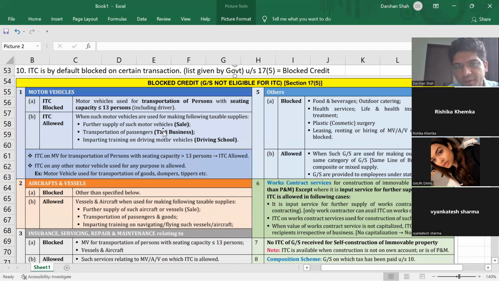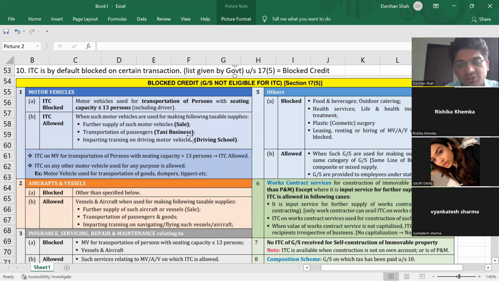So let us say, for example, if I am myself in the business of purchasing parts and assembling a motor vehicle and selling it, then all kinds of motor vehicles are allowed as ITC. So for sale of motor vehicle business, all motor vehicles allowed.